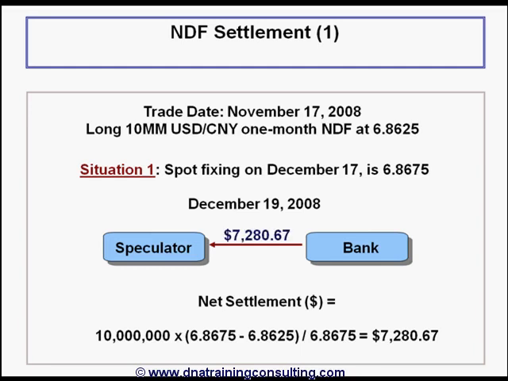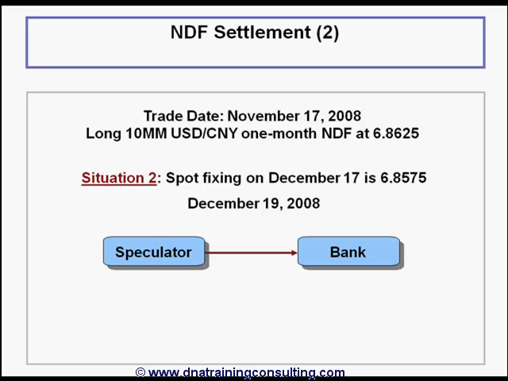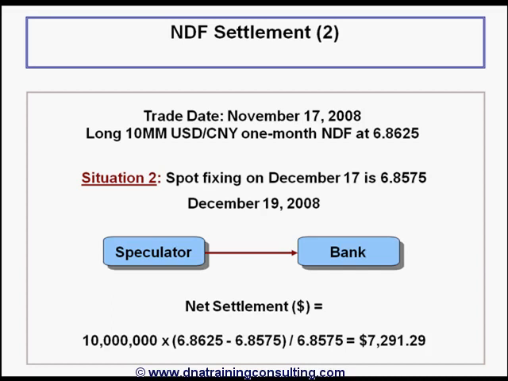Conversely, if on December 17 the spot fixing was 6.8575, the bank would receive from the speculator on December 19 a net settlement amount of $10 million times (6.8625 minus the spot fixing of 6.8575) divided by this spot fixing, which is equal to $7,291.29.